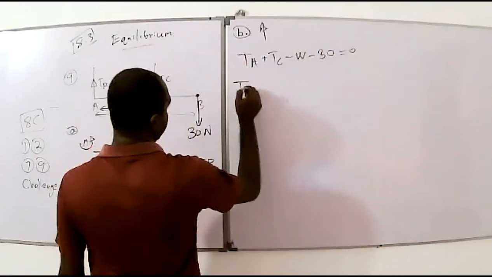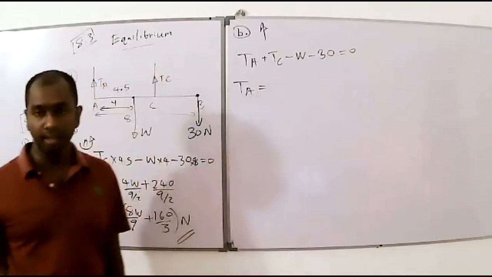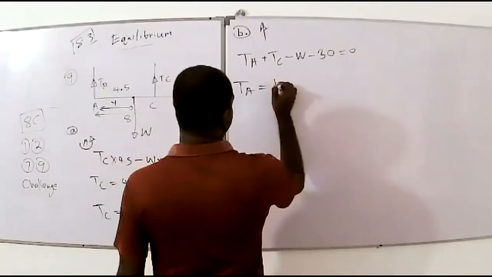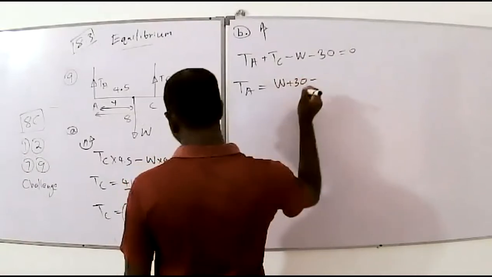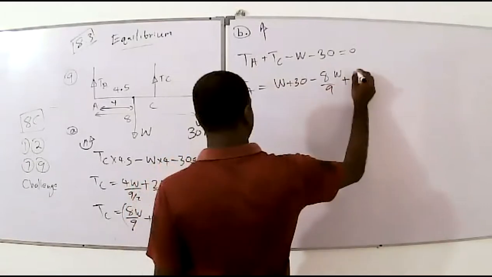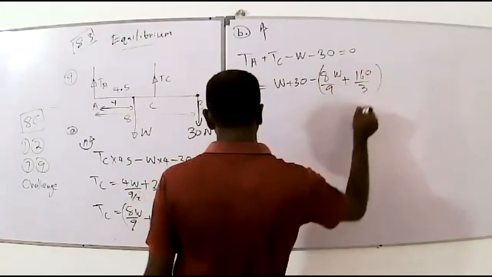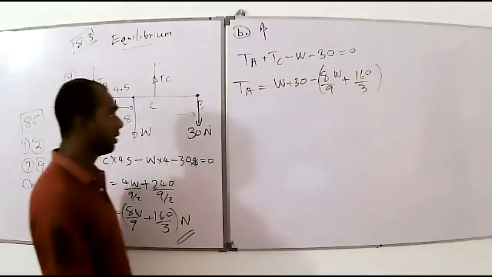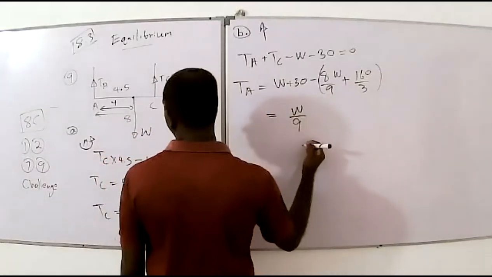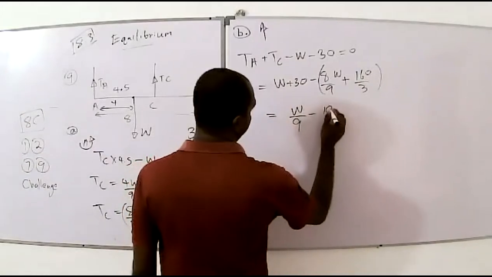So you can easily find TA, rather than taking moments, this method is easy. Why? We don't need to deal with the lengths. So W plus 30 minus this: 8W over 9 plus 160 over 3. So we have W over 9 minus 10 over 3.